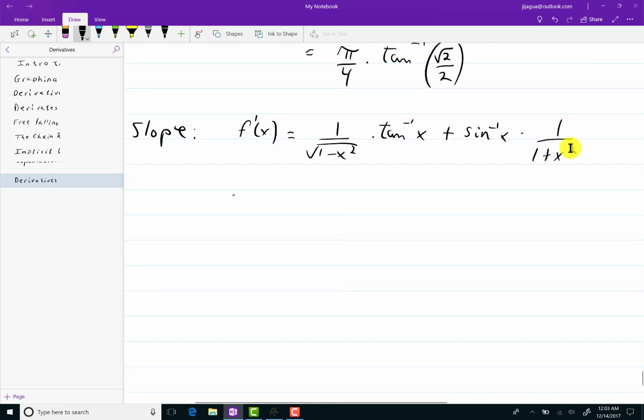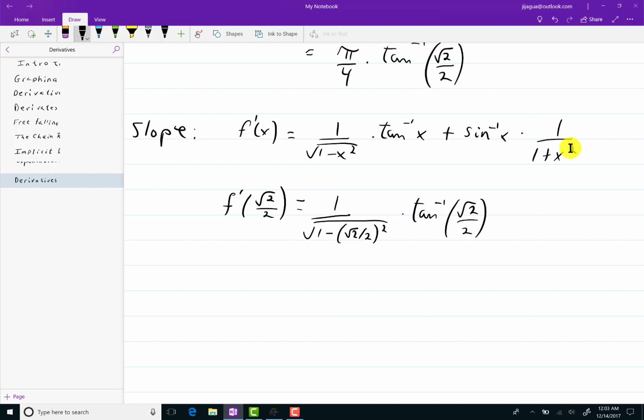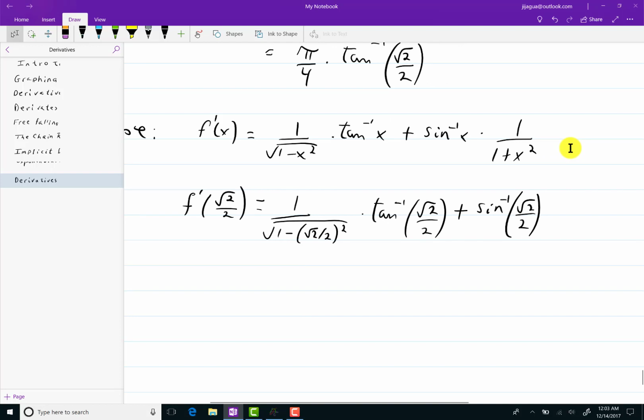So f prime of radical 2 over 2 equals 1 over the square root of 1 minus radical 2 over 2 squared. That's just 1/2, by the way, times arctangent of radical 2 over 2 plus arc sine of radical 2 over 2 times 1 over 1 plus radical 2 over 2 squared.